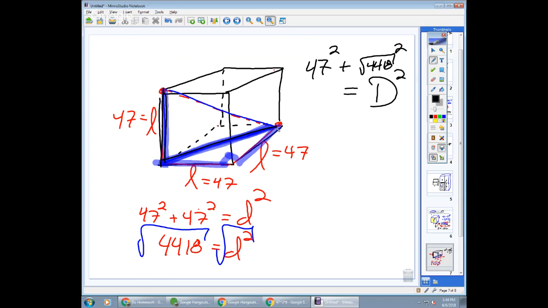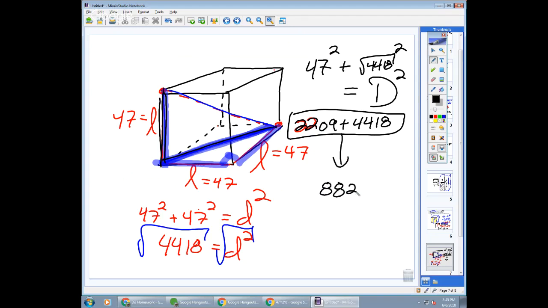So that means I have 47 squared, that is what, the 2,209? And I have this 4,418 to add to it. Altogether, that gives me 8,827. Did I do that right? 6,627. Oh, 6,000. What did I get?